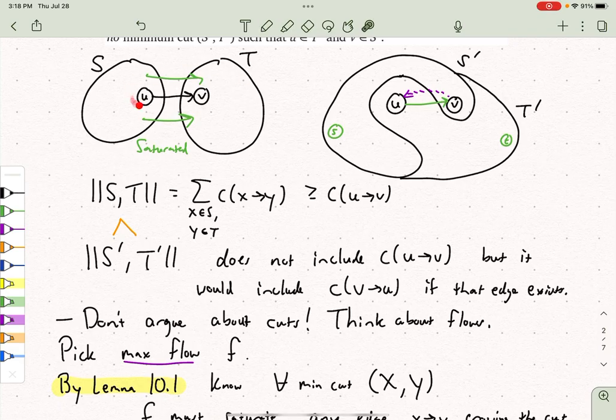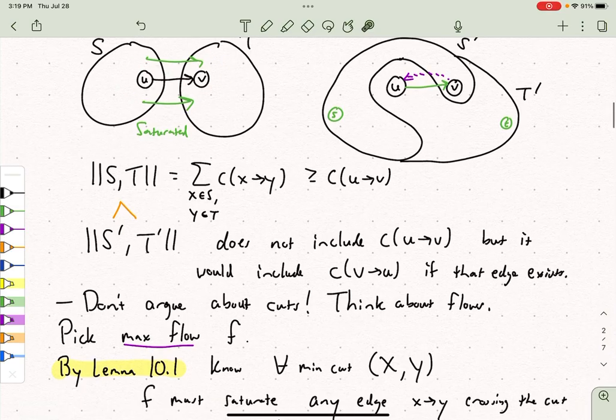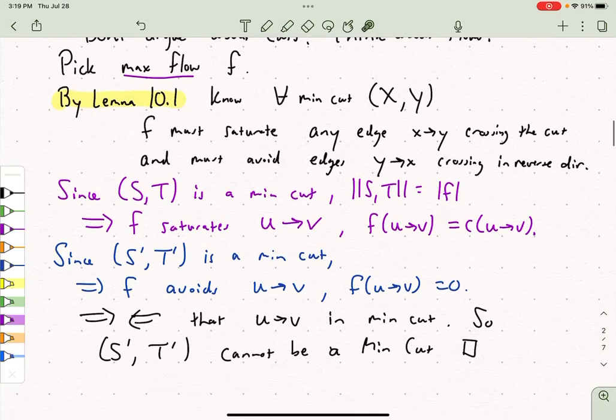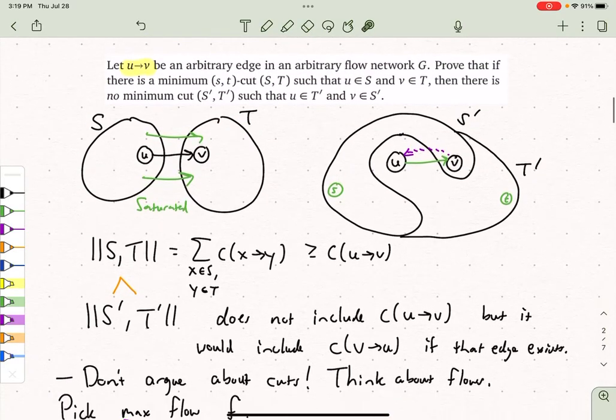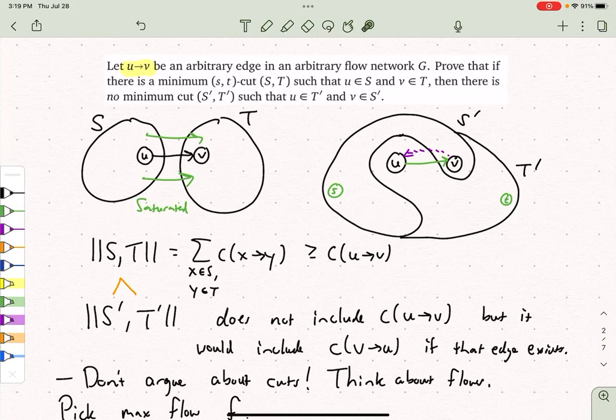There's a clear structure between these two nodes that has to be maintained. This one has to be in S, and this one has to be in T. Because otherwise, it would have to be both saturated and avoided at the same time, which can't happen. So that completes the proof of this claim.